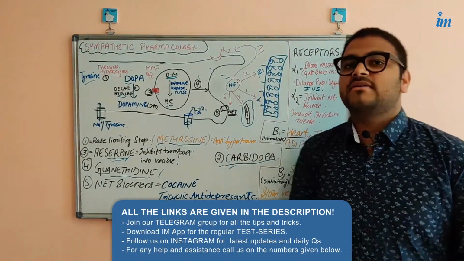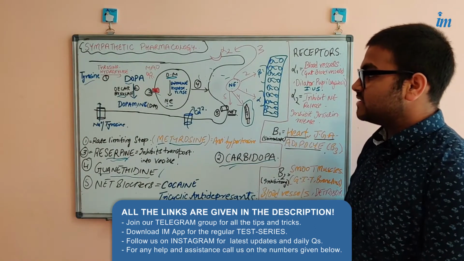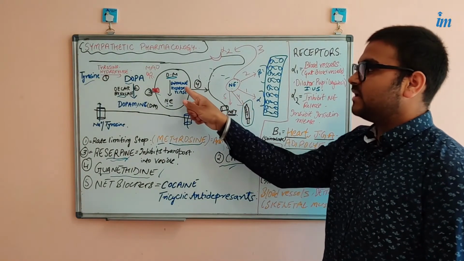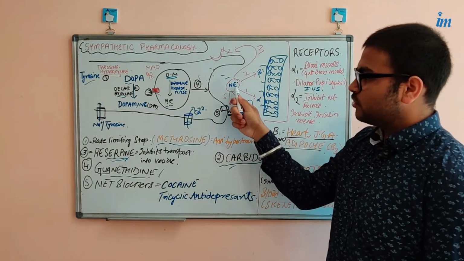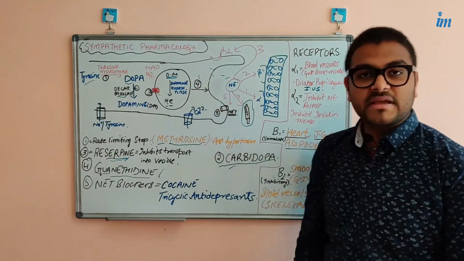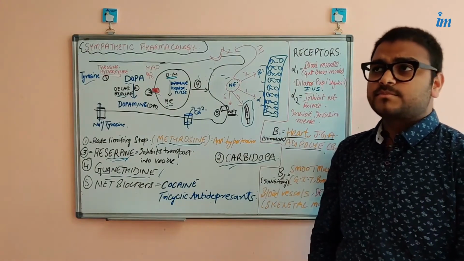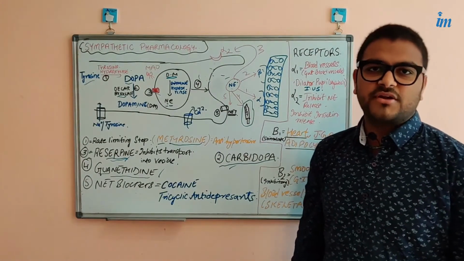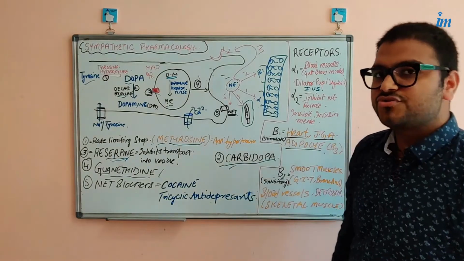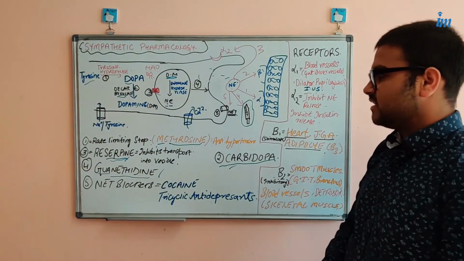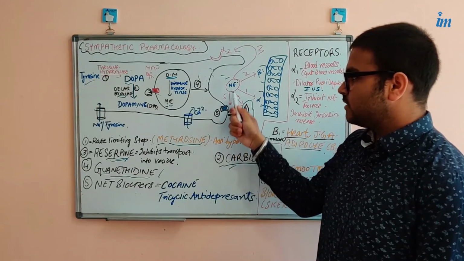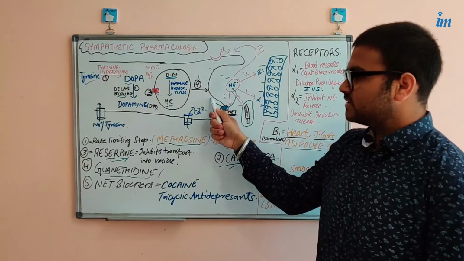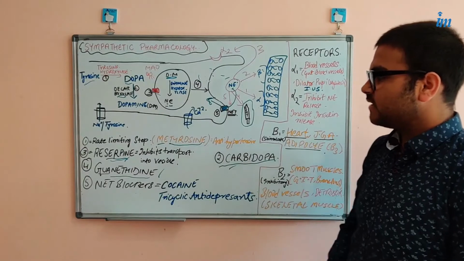The other thing that can happen is that norepinephrine can be reuptaken into the presynaptic neuron. Some of it can be reuptaken, and for reuptake what do you need? A transporter. Which transporter is necessary? What's the name of this transporter through which the norepinephrine can be reuptaken?